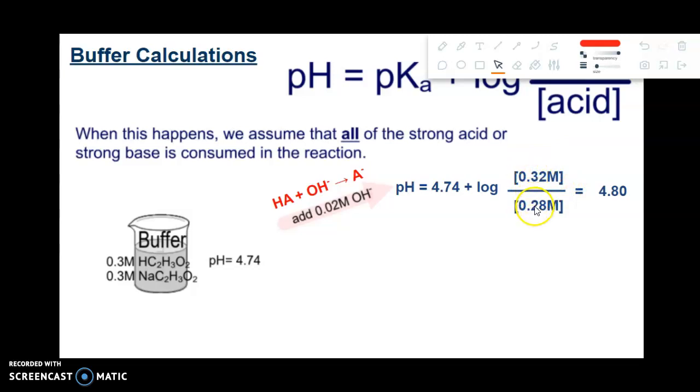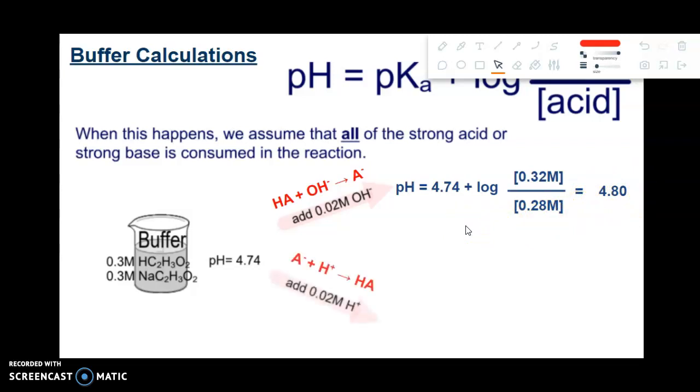So the decrease of the acid is equal to the increase in the conjugate base. So we can say that we started with a solution that is a pH of 4.74, and we're finishing with 4.8. By adding base, we did not get a big pH change. That's what a buffer does.